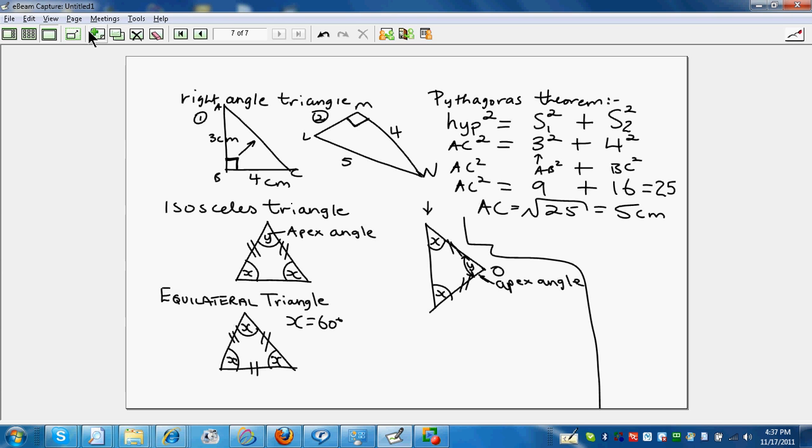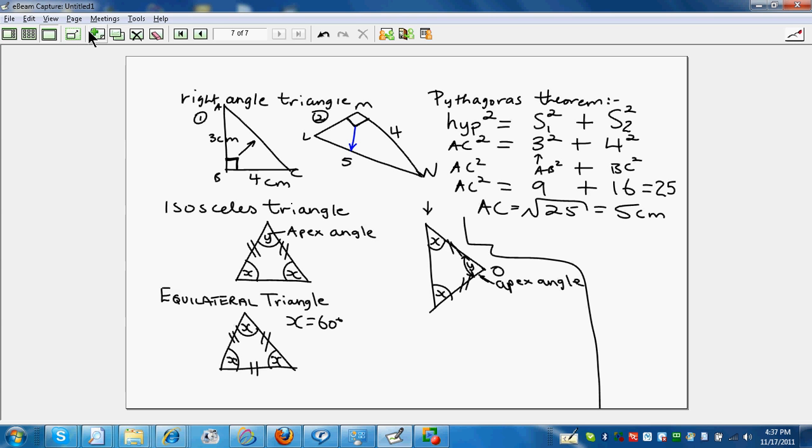The secret of not getting it wrong is do not write down ML to start. Just go back to the original Pythagoras' theorem and write that down. So let us say in this triangle, the hypotenuse would be the side that is opposite the right angle, which would be LN.